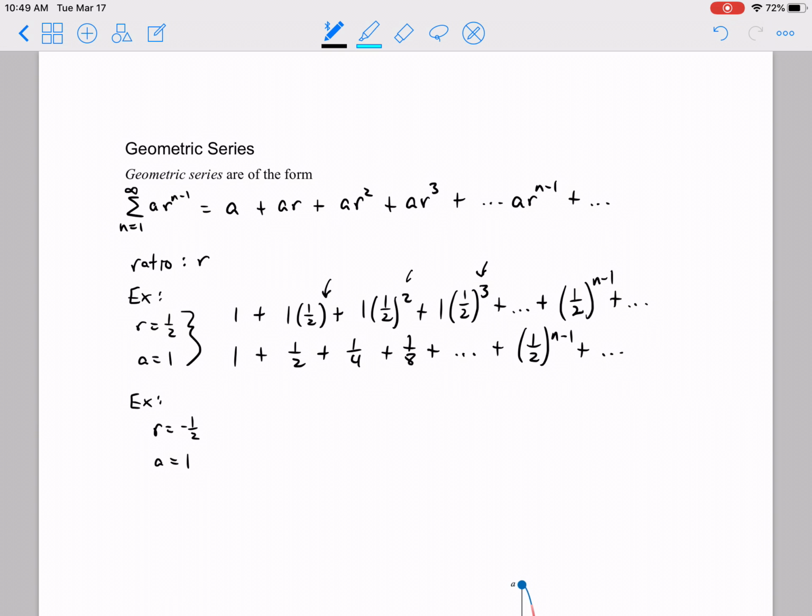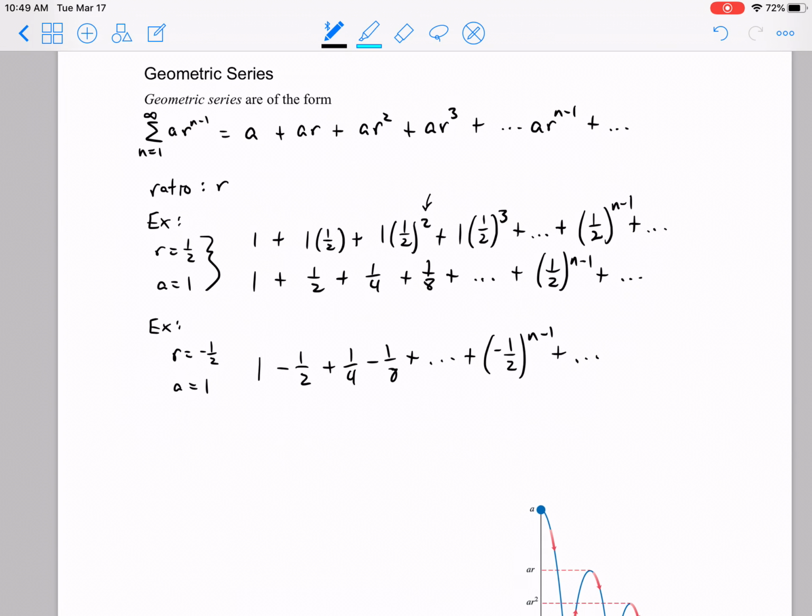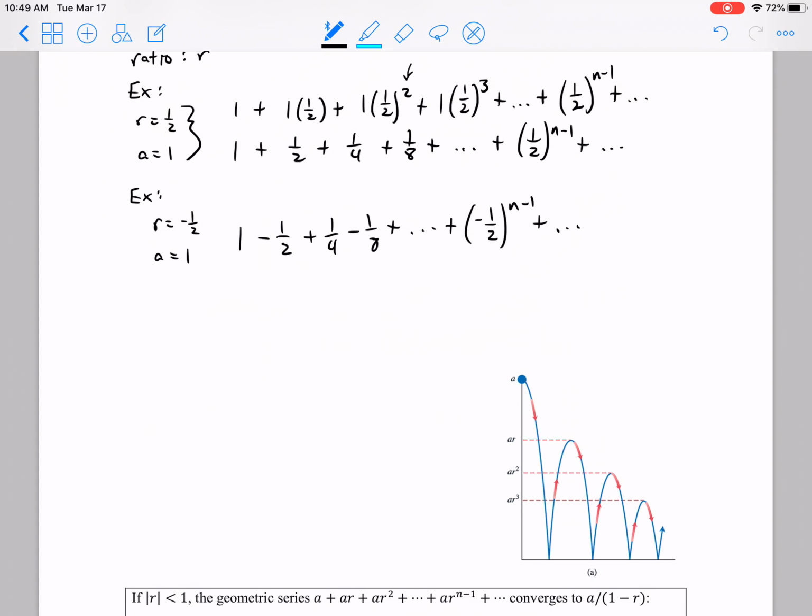And whenever we have an even exponent, like here, and one of the other ones, we're going to have a positive result. So we can basically write down the same one, but just alternate signs: 1 minus 1/2 plus 1/4 minus 1/8 plus all the way over to negative 1/2 to the n minus 1, and continuing on. All right, so now let's take a look at convergence.